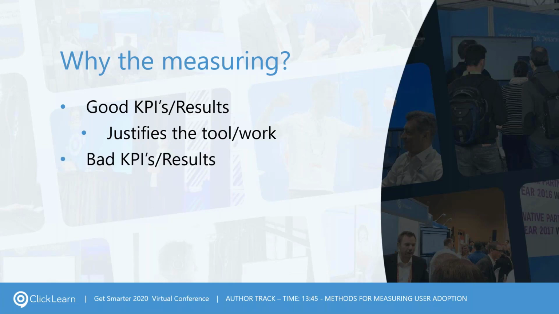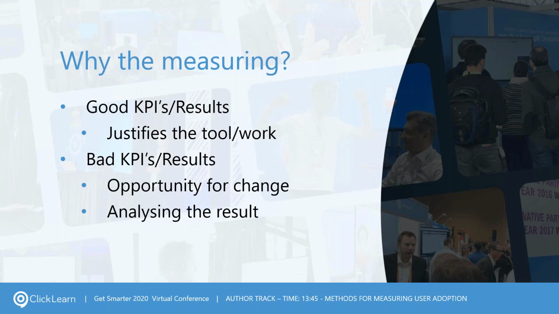But what if we get bad KPIs, bad results from the measuring? This is of course not the end of the world, but this is what actually gives us an opportunity to change either the way we are measuring or the content that we've delivered, for example in a learning portal. We need to analyze the result, of course. We need to get feedback maybe from the end users, or maybe even send out a survey to clarify what the next steps might be.